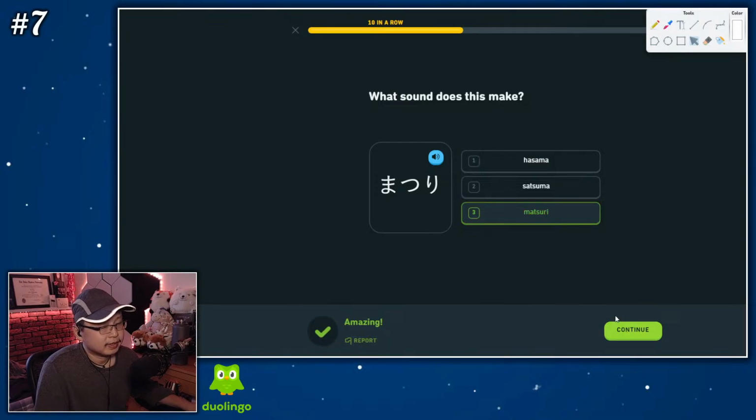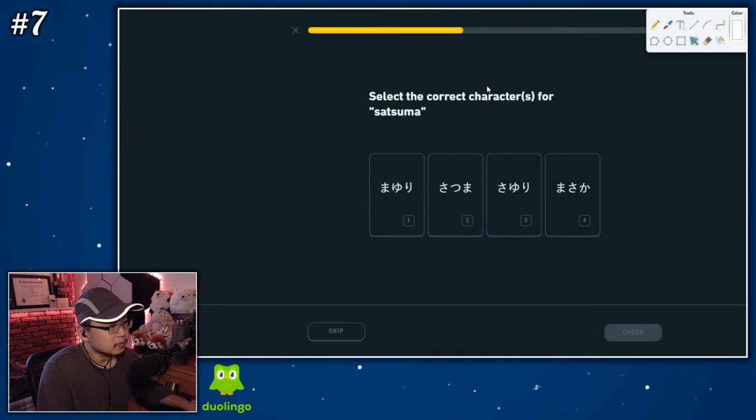No? I'm gonna lean on Matsuri being festival, but maybe not. We'll see. Alright. Let's work on just this. To ma. Satsuma. Satsuma.